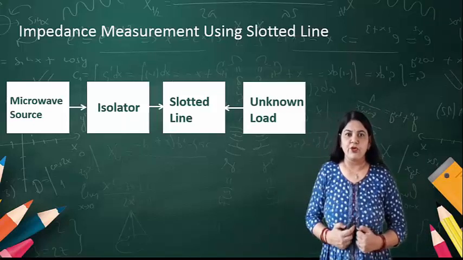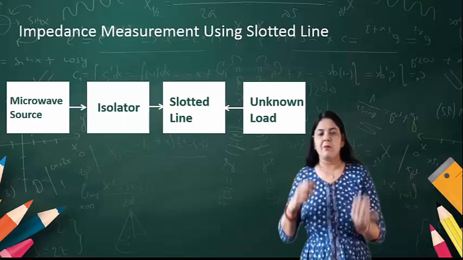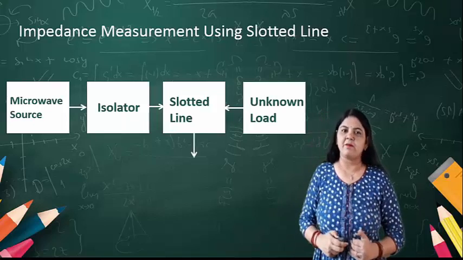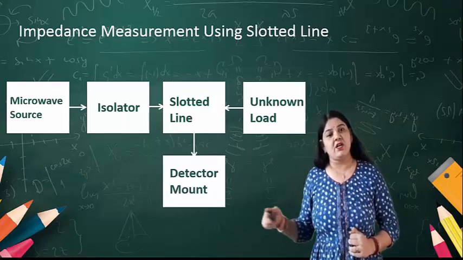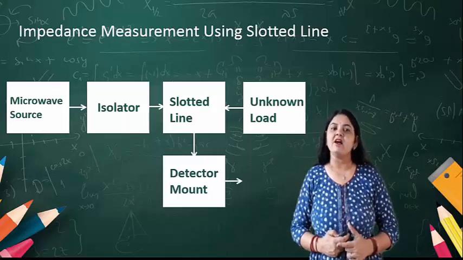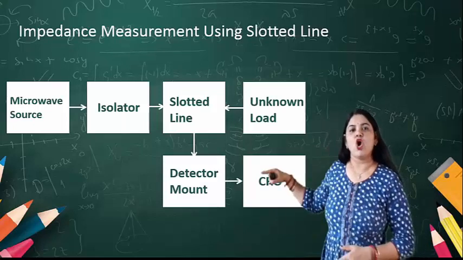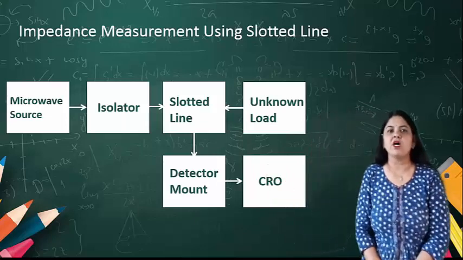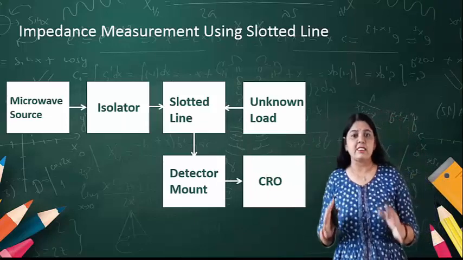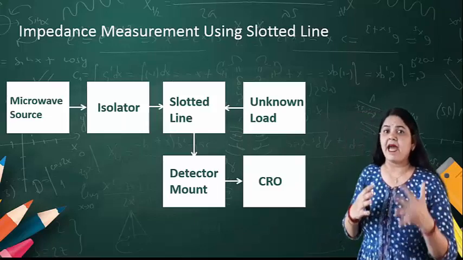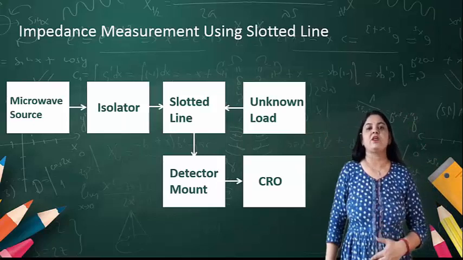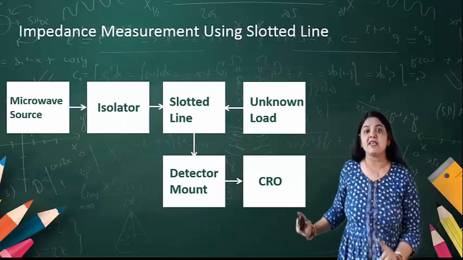You know that when the impedance is matched, the signal can pass through. Here we have the detector mount, which will detect the signal, and you can observe the signal on the CRO. This way, using the slotted line section, we can match the signals and find out the impedance using the CRO.